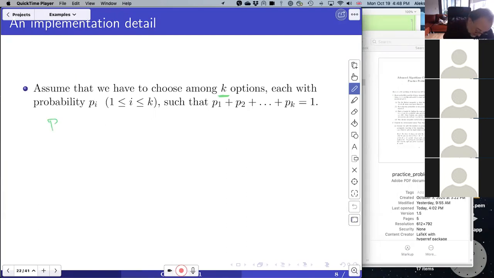So the probability p_i you want is the weight of the edge e_i divided by the sum over all edges e in G of the weights of e, right? So this is how you find with what probability you would pick edge e_i. But how do you implement this?